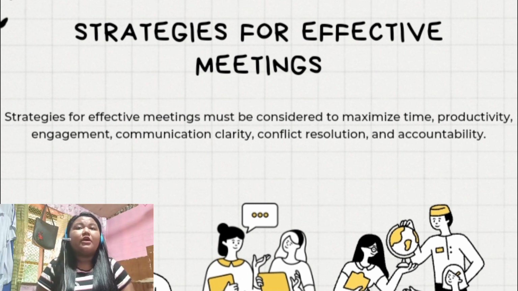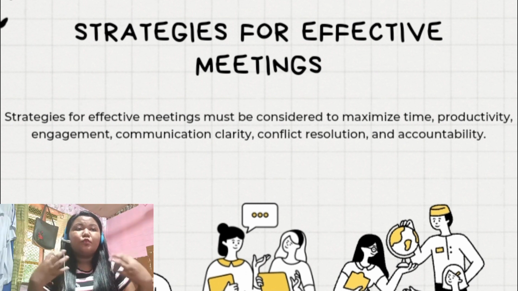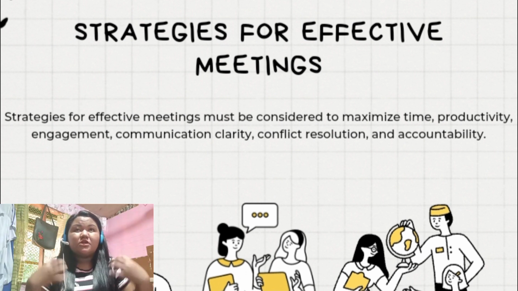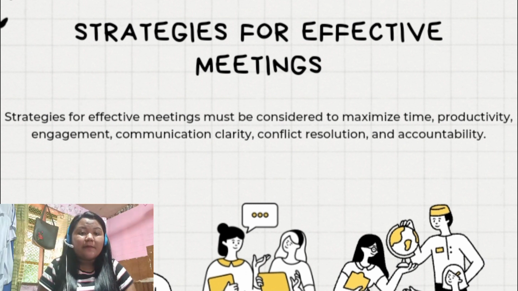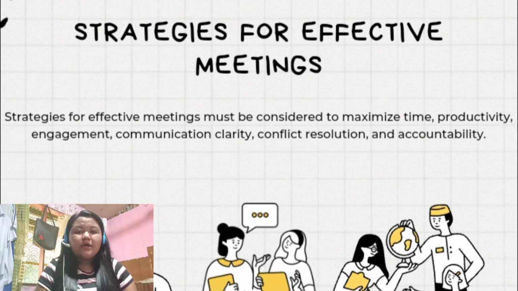As I mentioned earlier, it only involves a few persons, but those persons are the higher ups who are trusted to convey what was discussed in the meeting or the agenda to their subordinates, so that their subordinates will be the ones performing the action plan that the agenda is planning to do. So that's how strategies of a meeting are very important.